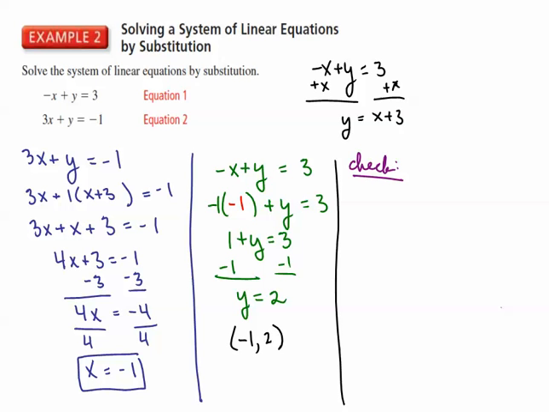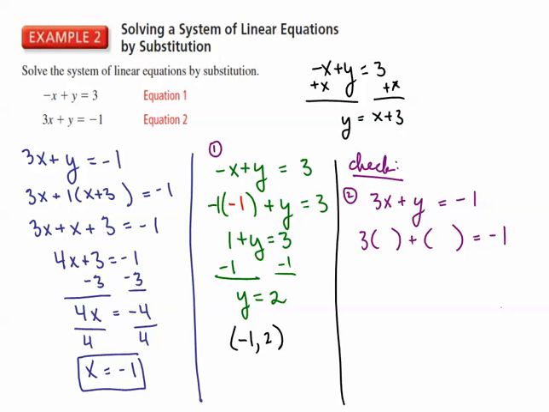I've already used the first equation, negative x plus y, so instead I'm going to use the second equation, which is 3x plus y equals negative 1. Substituting x is negative 1 for x, 2 for y.